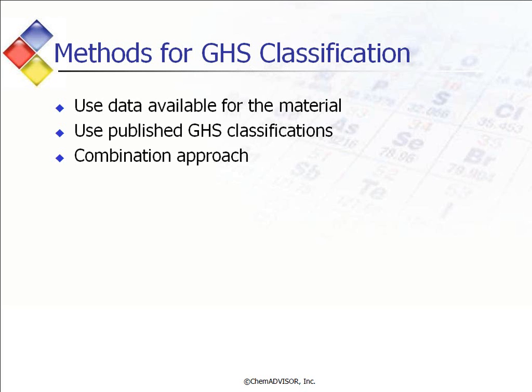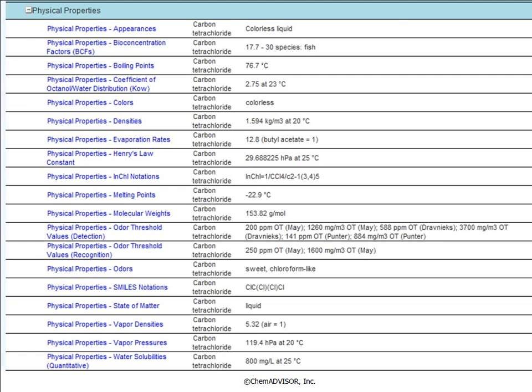And take a combination approach with the publicly available data as well as your vendor information to arrive at the classification. So, for example, going back to carbon tetrachloride, here are the physical property endpoints that are available.